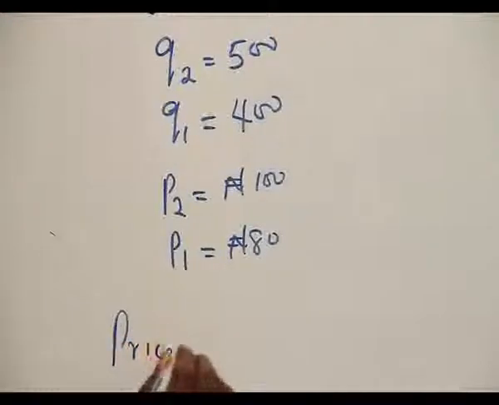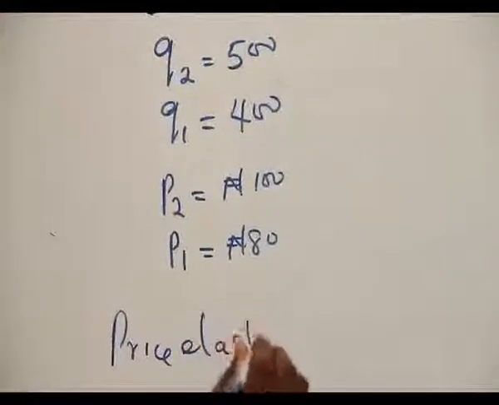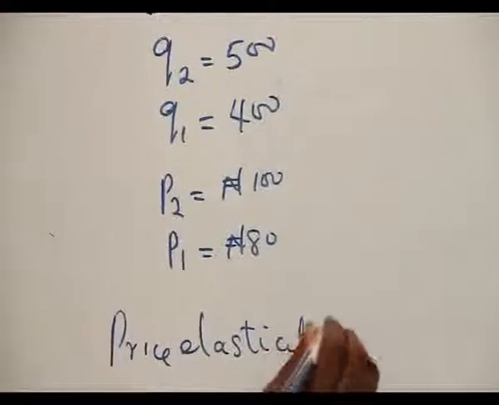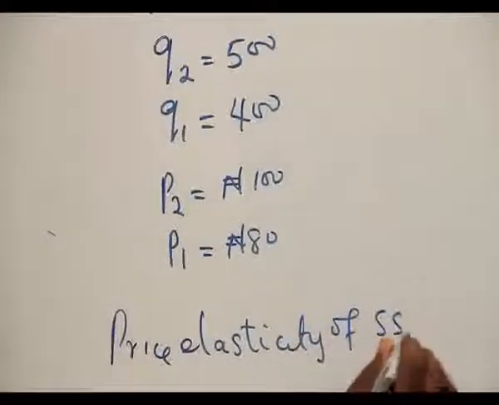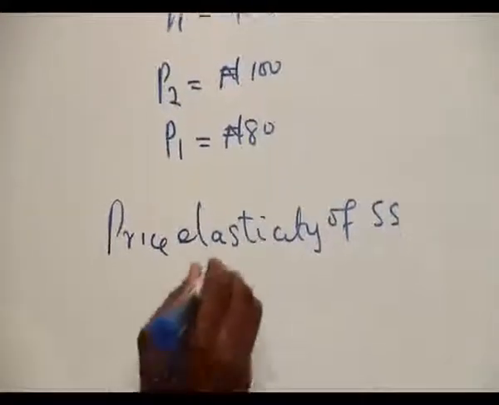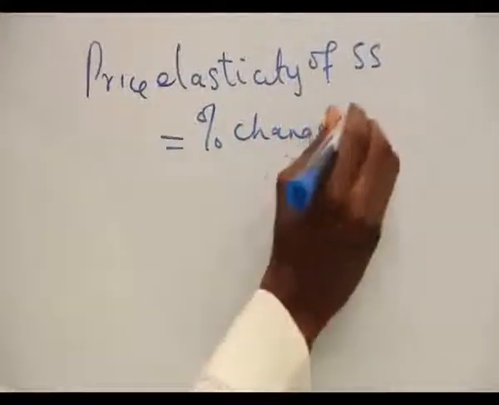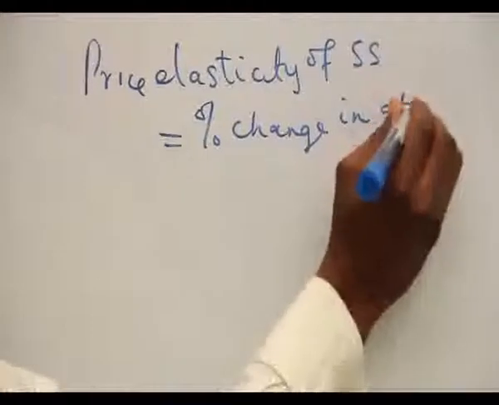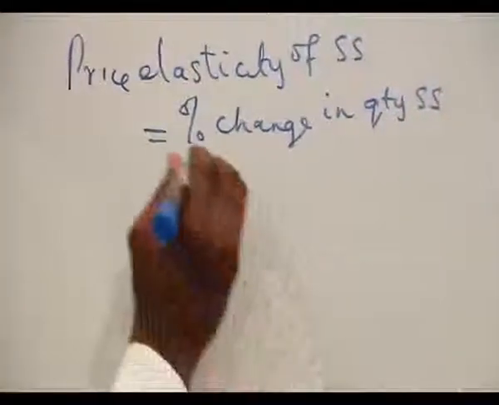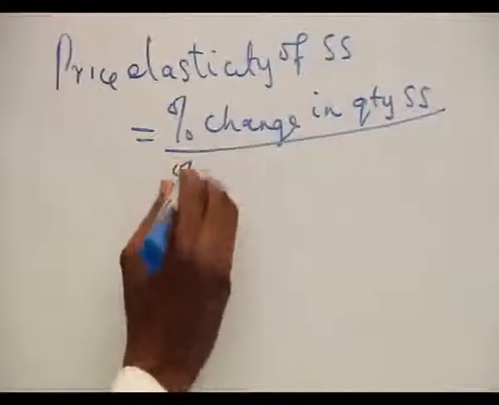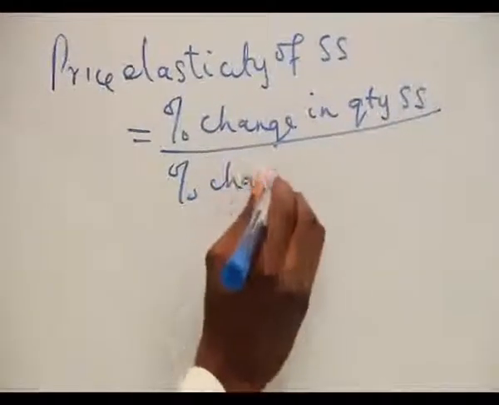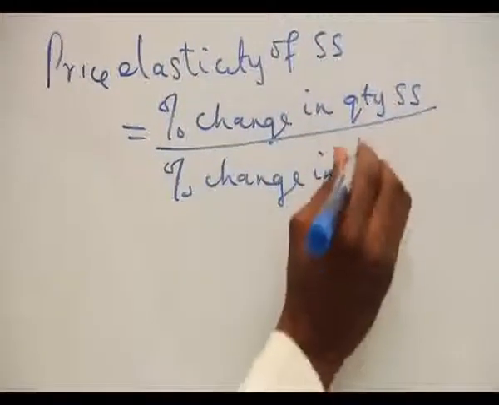Price elasticity of supply equals percentage change in quantity supplied divided by percentage change in price.